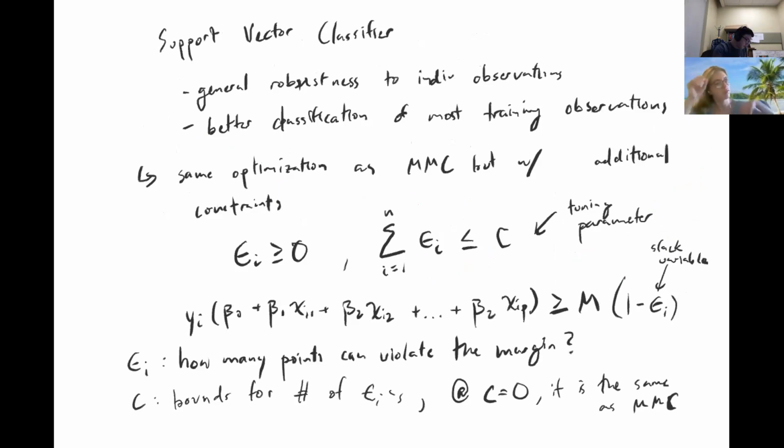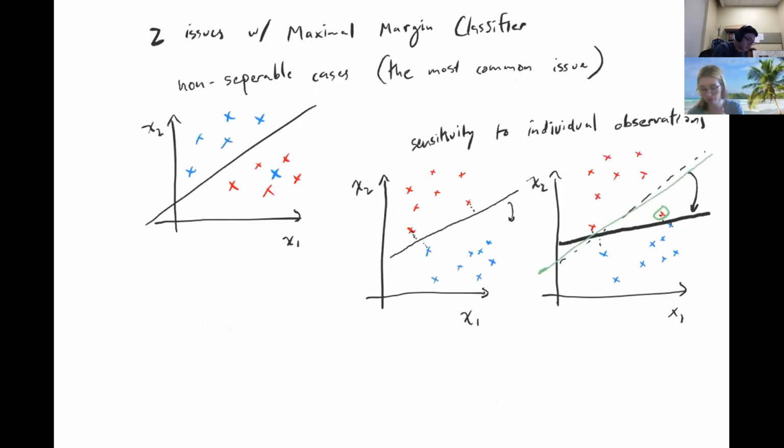I didn't quite get what you mean by bounds for the number of epsilon i's. Oh, yes. Okay. So let's go back here. What this is doing is it's acting as a budget for violations. So our epsilon i is a measurement of how many points violate the separator.